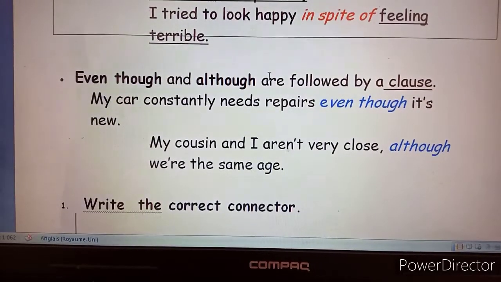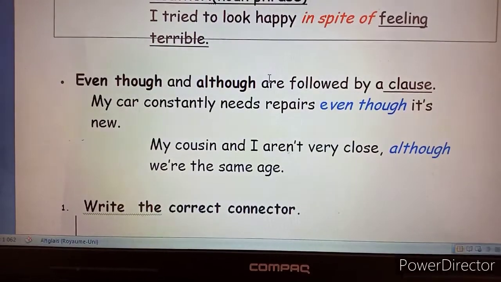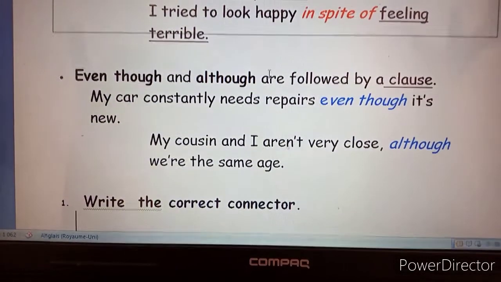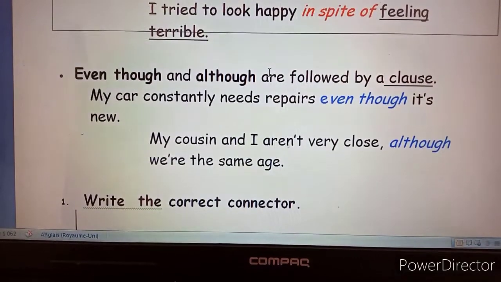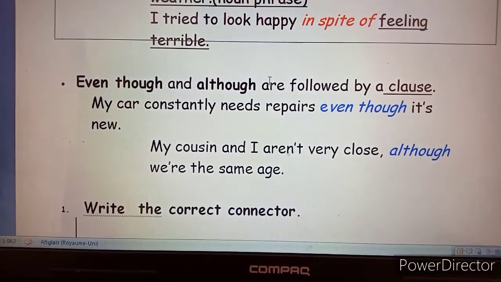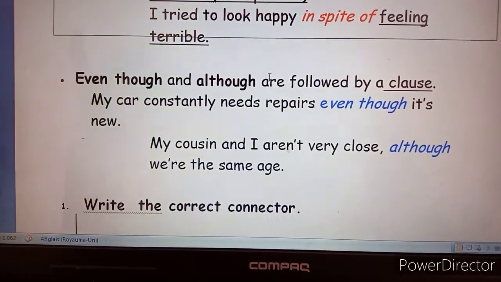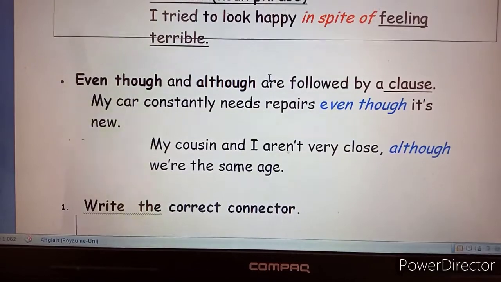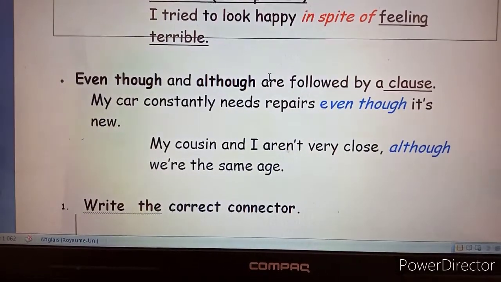Even though it's followed by it, which is a pronoun. The next example: my cousin and I aren't very close, although we are the same age. The same here, although is followed by a pronoun.